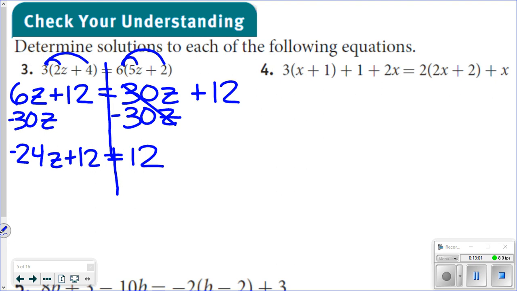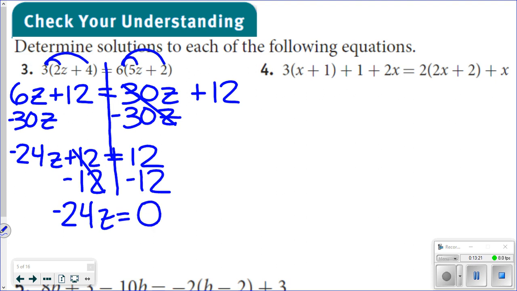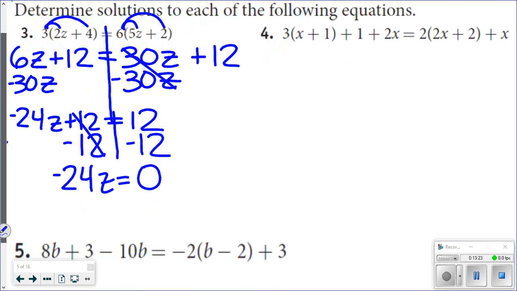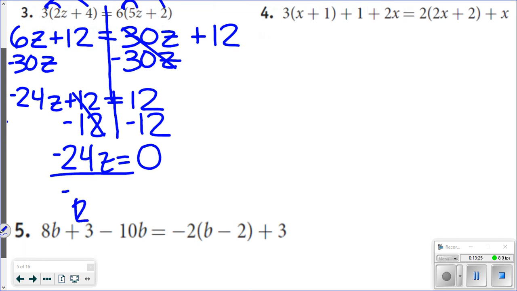We want to isolate this negative 24z, get it all by itself. So I want to move my constants together on the other side. So subtract 12, subtract 12. Oh, that cancels out. Negative 24z equals 0. Divide by negative 24.